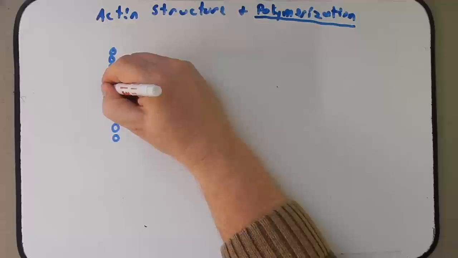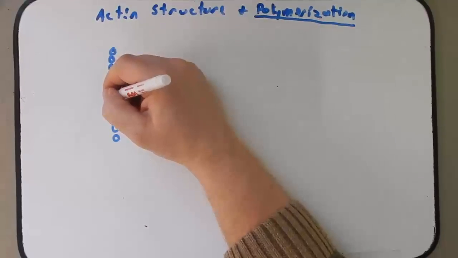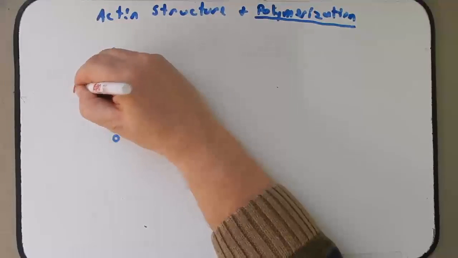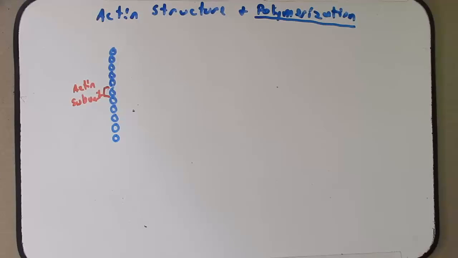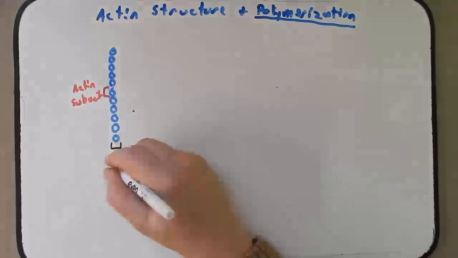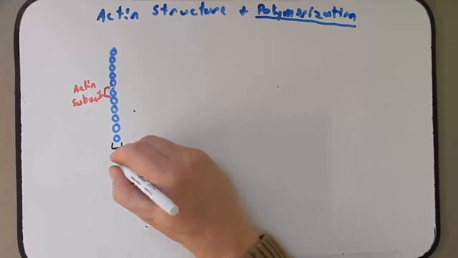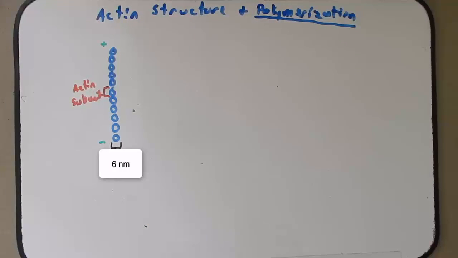Each of these individual subunits we just refer to as an actin subunit. As I said before, the actin filament is often referred to as the microfilament, and that's because its diameter is often the smallest, and it's usually about 6 nanometers.